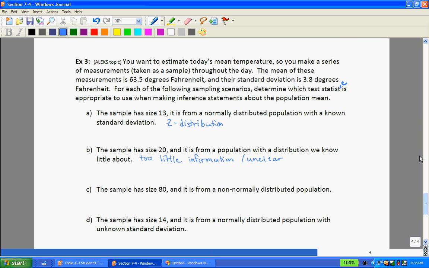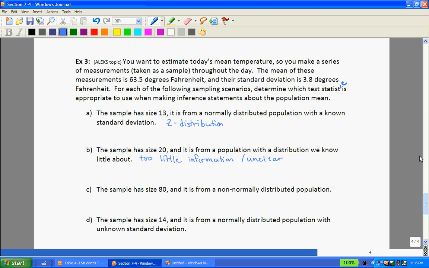About C. The sample has size 80 and it is from a non-normally distributed population. Okay, so let's go through that chart again. Do I know the standard deviation? Well, they're not telling it to us, so we'll have to assume that we don't know that. So then I ask myself if the population is larger than 30. Well, yeah, it is.